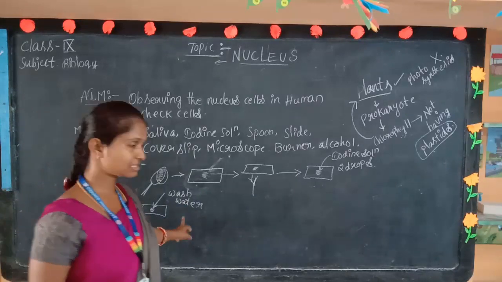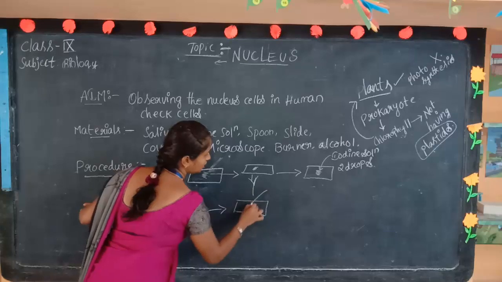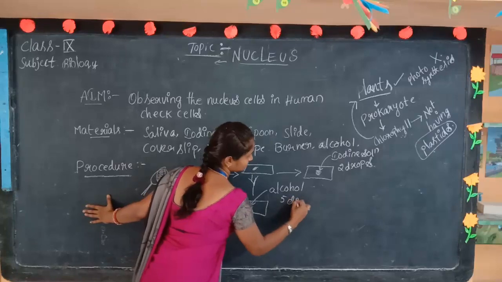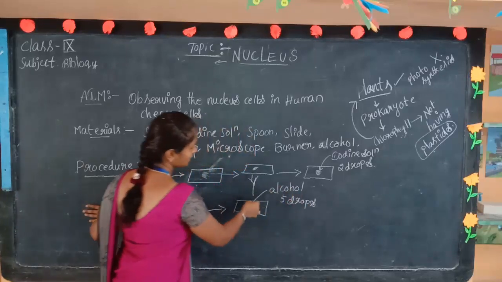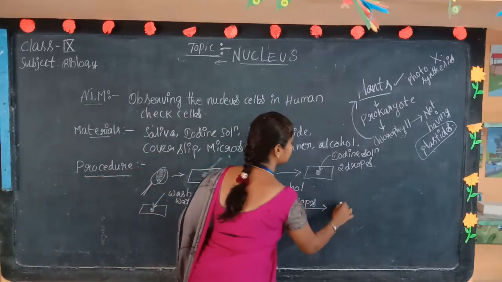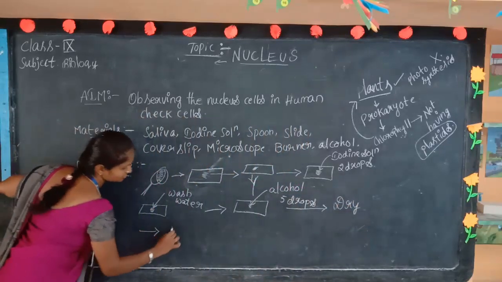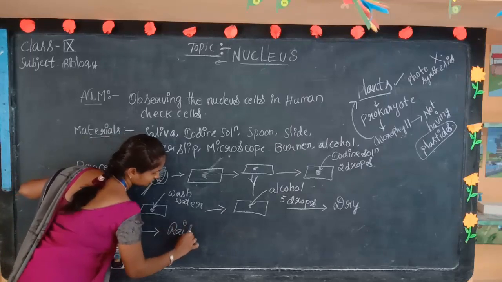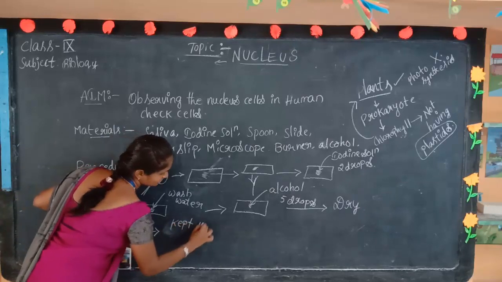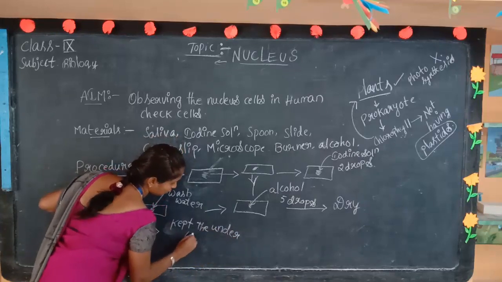After washing the slide, you need to add the alcohol. 5 drops of alcohol should be added. After adding alcohol, let it dry. After drying, rinse with water. Keep the slide under water.